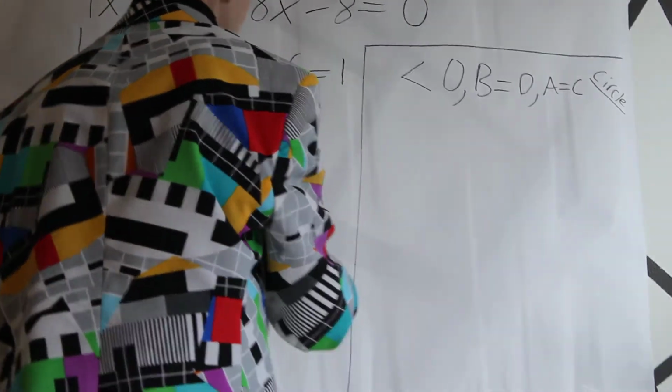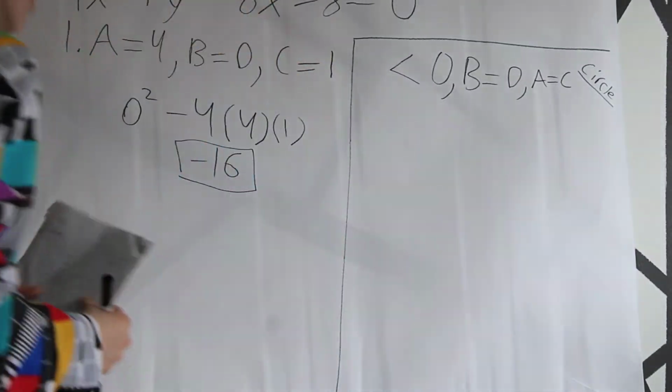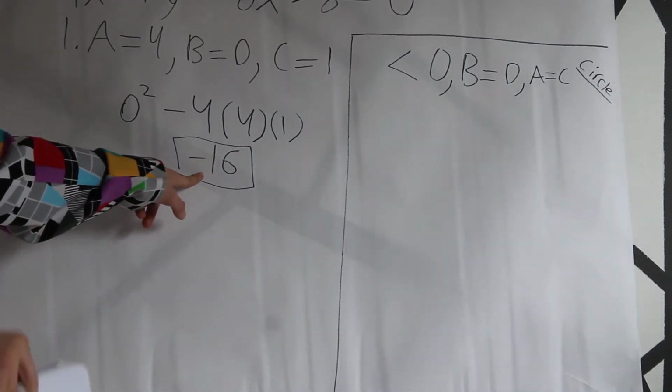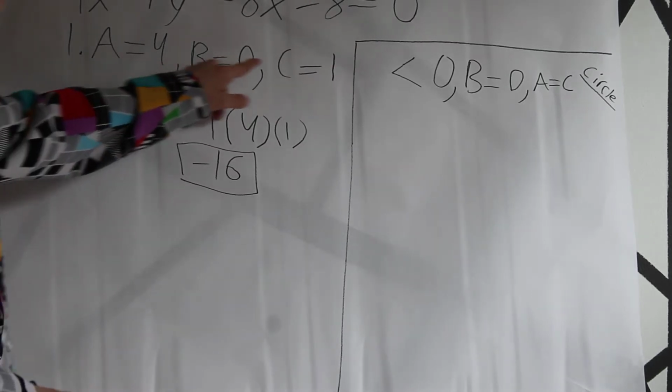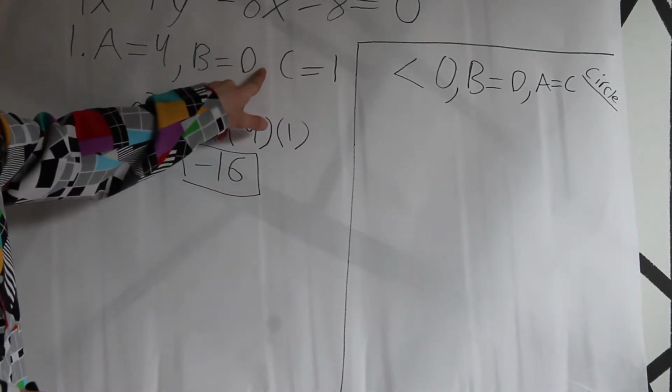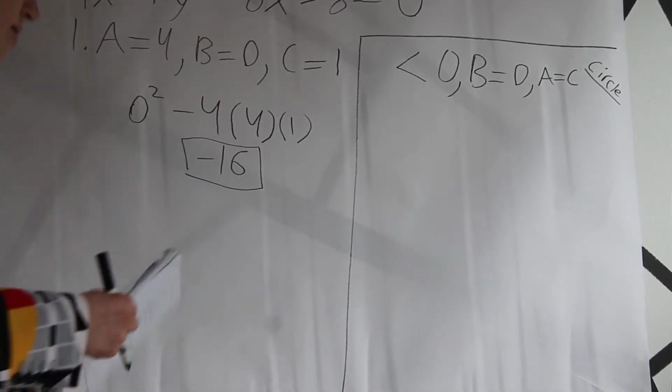Got it? So if this is less than 0, b equals 0, a equals c, it's a circle. So let's see. Negative 16 is less than 0, and b equals 0, but a does not equal c, so it is not a circle.